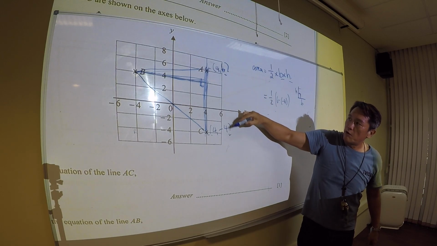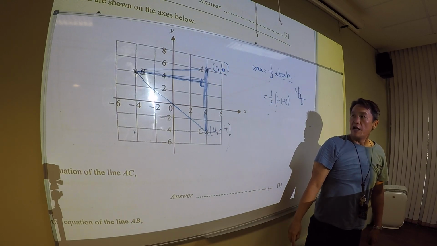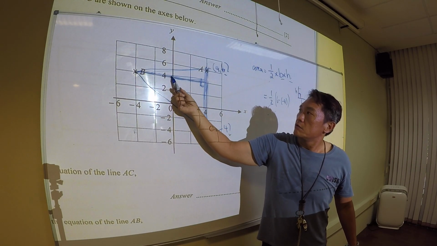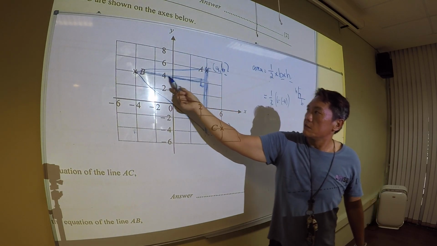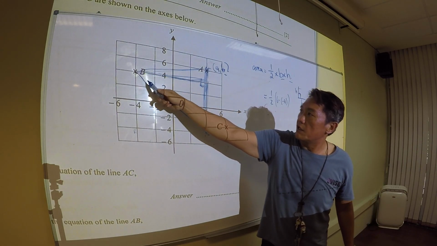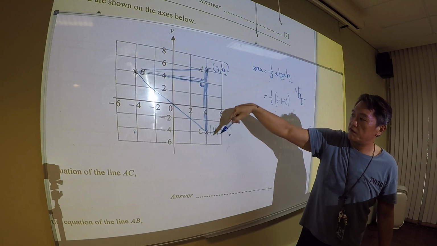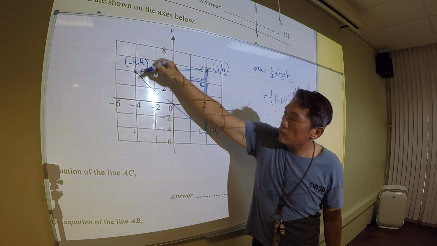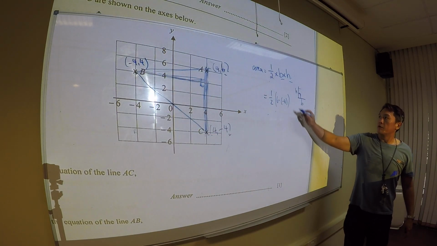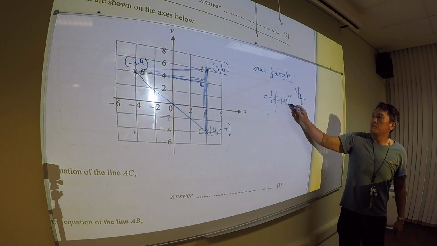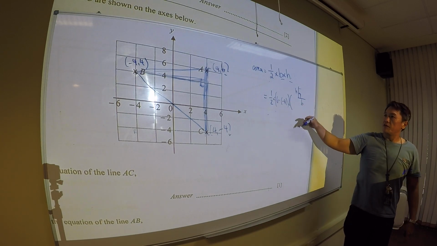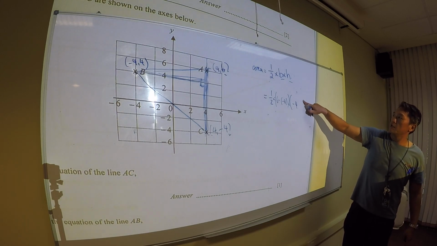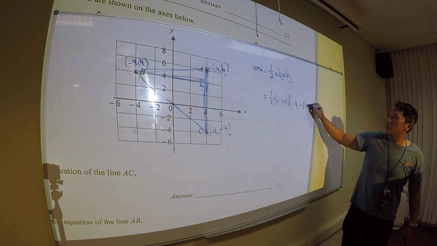And x is how left and right. So this distance is the difference between the x of B and the x of either A or C. A or C, their x are all the same. So half times base times the difference between the x of B and A.